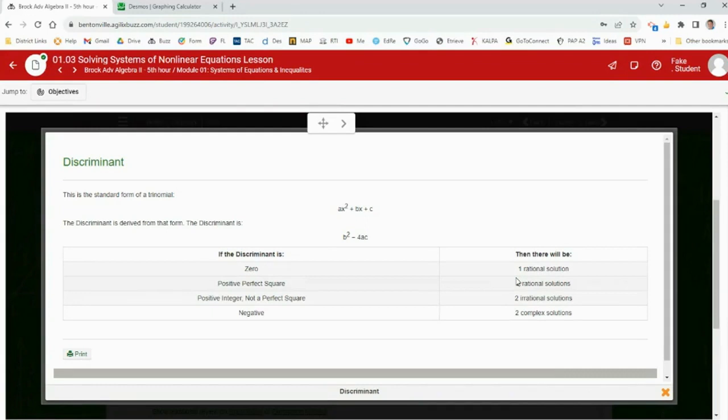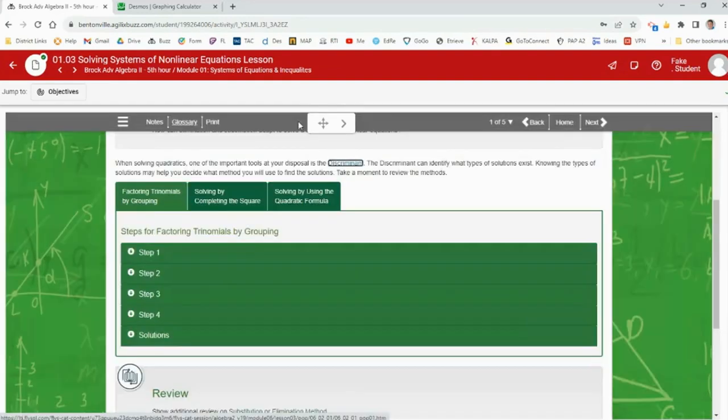Might be 2 and -2 or 5 and -1, you know. If it's a positive number, but not a perfect square, maybe it's 7, you'll have two irrational solutions, like the square root of 7 or something, you know. And if it's a negative number, then that means there's two imaginary solutions, complex numbers, right? So that discriminant can help you know how many solutions there are in a quadratic.